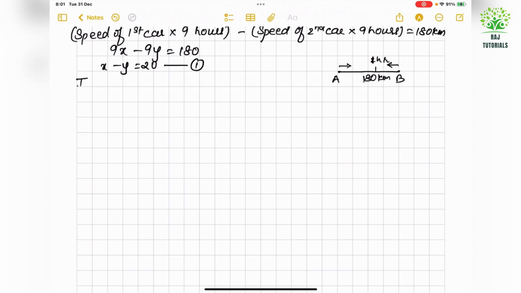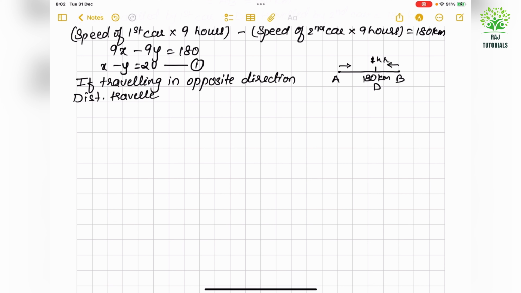So if traveling in the opposite direction, let me give this point as D. The distance traveled by the first car is AD, and the distance traveled by the second car is BD.